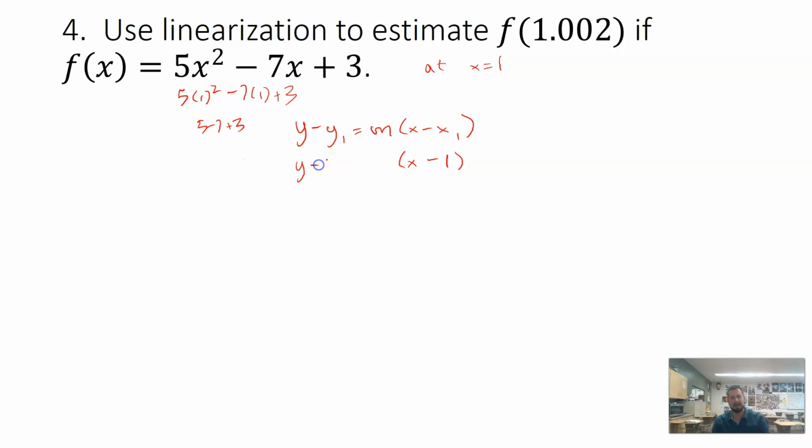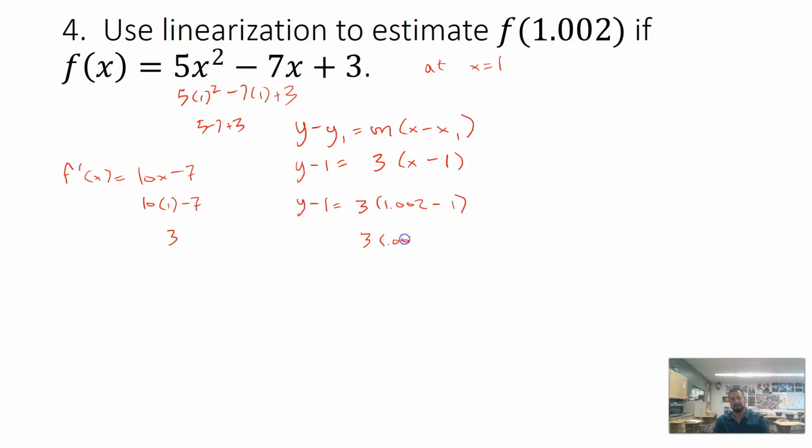So I've got y minus 1 is equal to find the slope, what we do is we take the derivative. So I get 10x minus 7. And then I plug the x value in for that to find out what the slope is, because that's what tells us the slope of the tangent line. So now I've got this equation of my tangent line, and what we do is we now use that to try and estimate what the function value would be if I plugged 1.002 in.